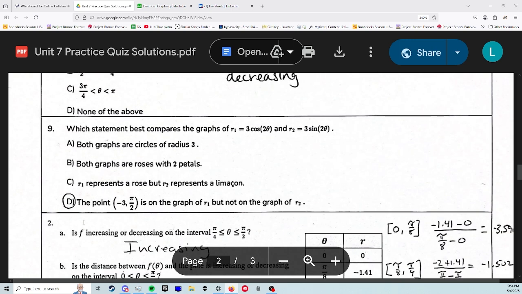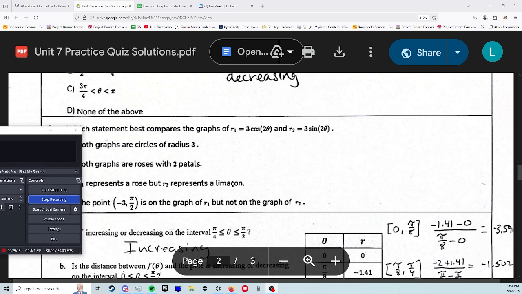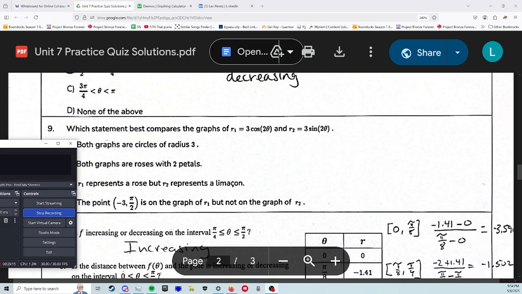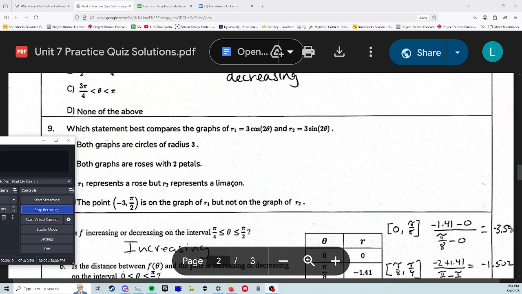Okay, next one. Which statement best compares the graphs of R1, 3 cosine 2 theta, and R2, 3 sine 2 theta? Both graphs are circles of radius 3. So we know this is not true.